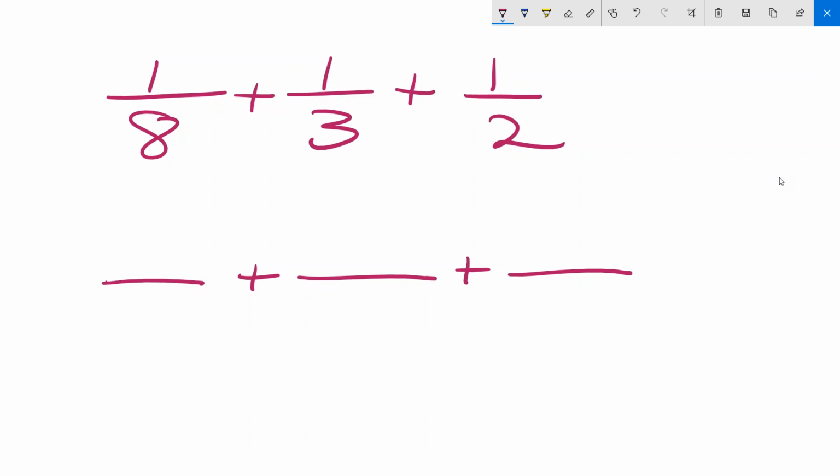Okay? Sure. Take the biggest denominator, 8. Do the other two numbers divide evenly into 8? No, 2 don't. So let's add 8. Take 16. Do the other two numbers divide into 16? No. Let's add another 8 to it.